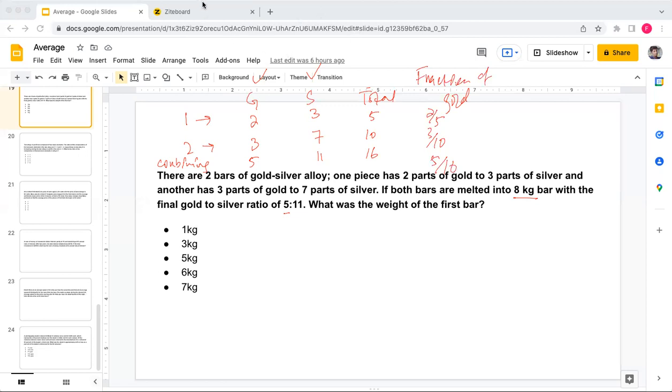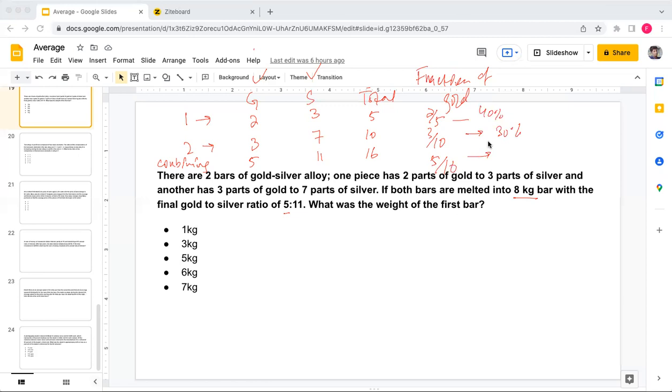Now, if you see closely, you have the initial one, the final one, and the middle one, the average. What is 2/5 in percent? This is 40%. 3/10 is 30%.